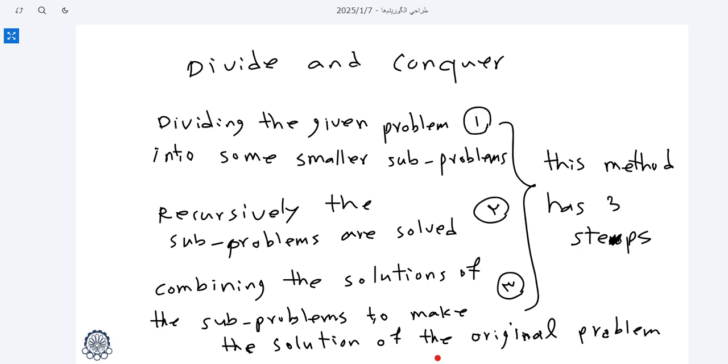The third step is combining the solutions of the subproblems and making the solution of the original problem. We have an original problem which is divided into some smaller subproblems. Each subproblem is solved, then the solutions of the subproblems are combined, and we try to make the solution of the original one.